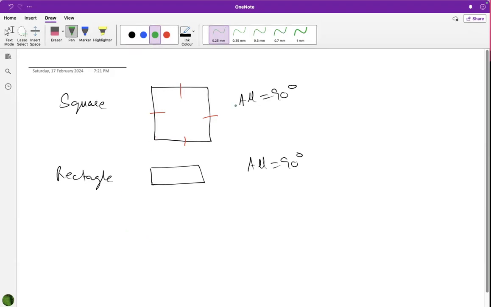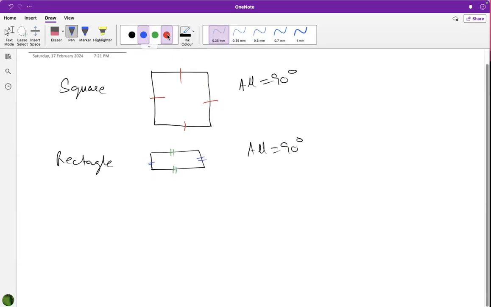In case of a rectangle, what can we say about the sides? Two sides are equal and the other two sides are equal, like the opposite sides. Opposite sides are equal in length. All angles are of 90 degrees.